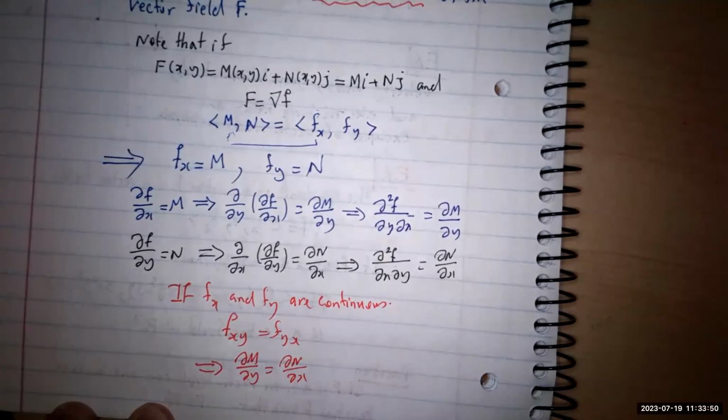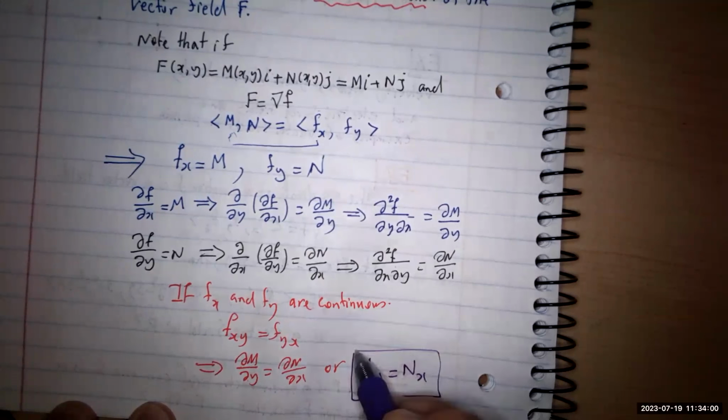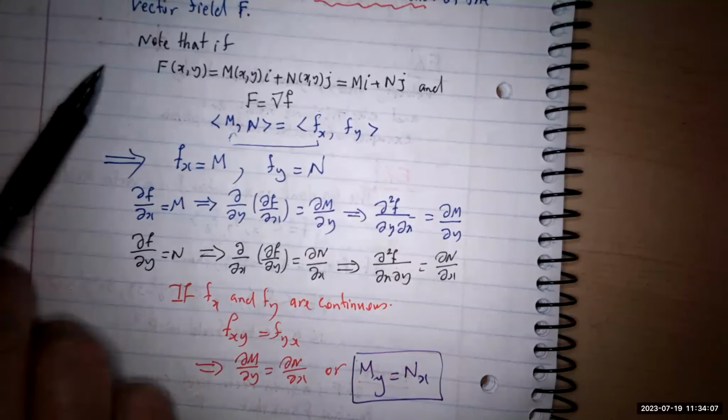That's it. Or in short, m_y is equal to n_x. This is the condition that you need to make sure that your vector field is conservative.